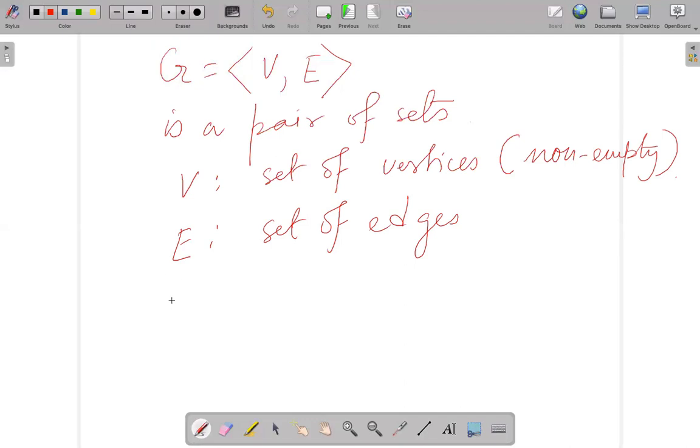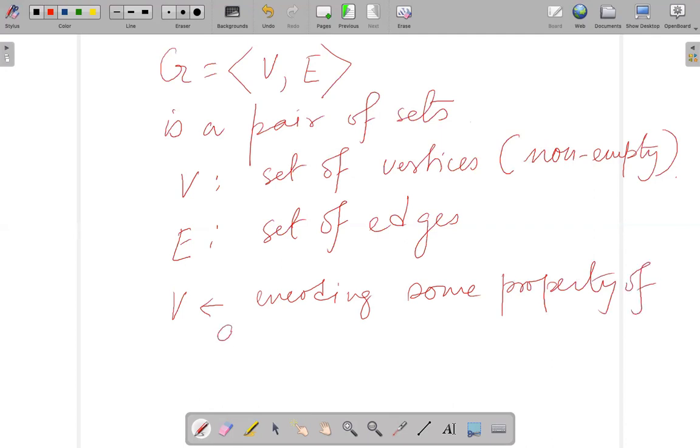Now, V actually is encoding some property of an entity. You remember I just now talked about entity. So V is some sort of an encoding of some property of an entity.